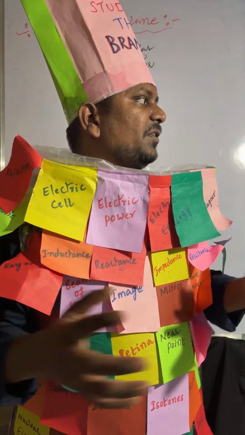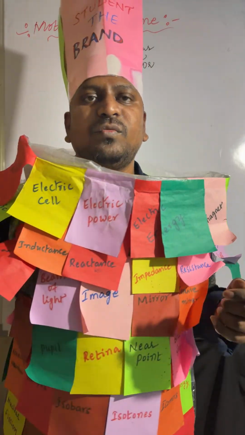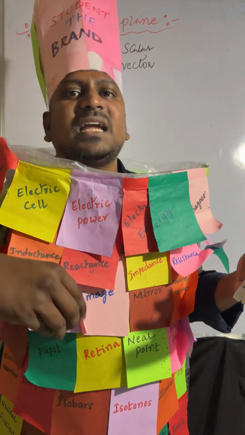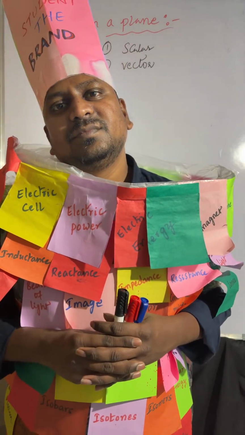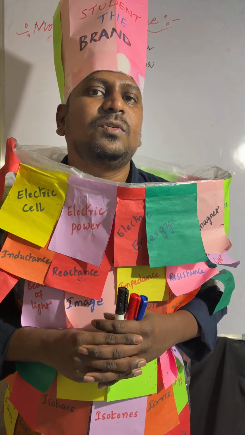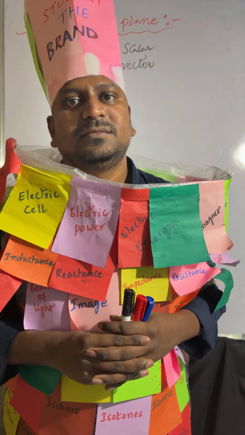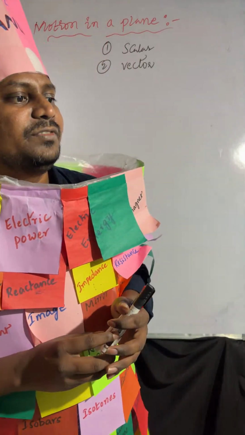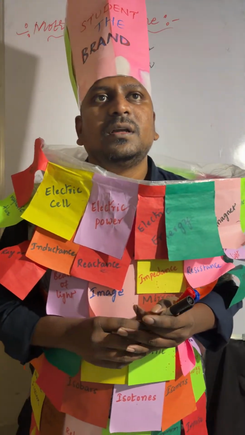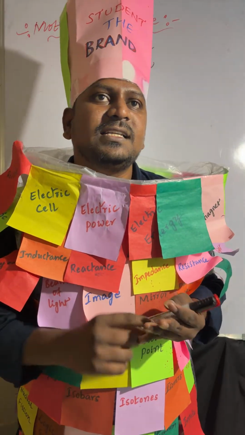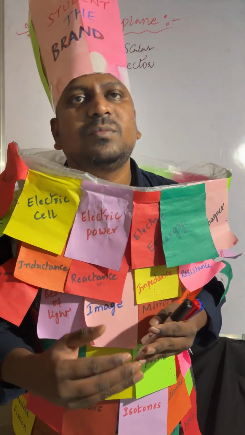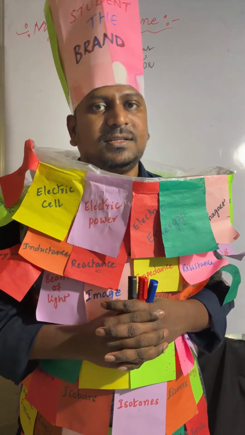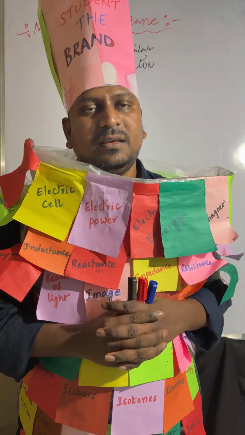Coming to vector physical quantity, the quantity which has both magnitude and direction. Examples: displacement, velocity, acceleration, linear momentum, force. These are vector physical quantities.